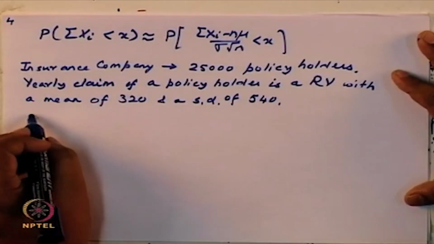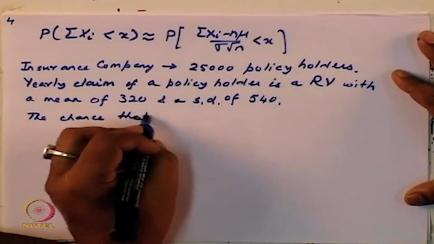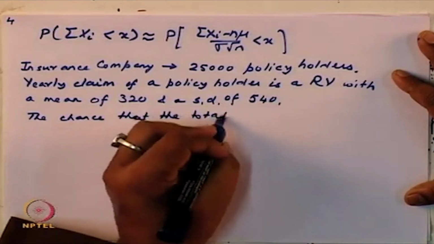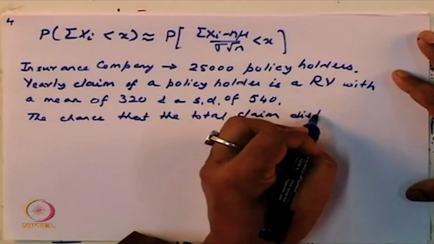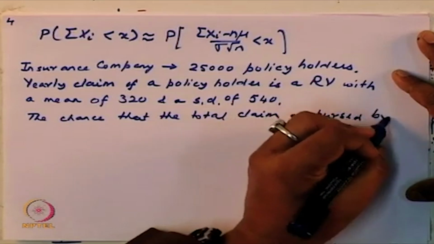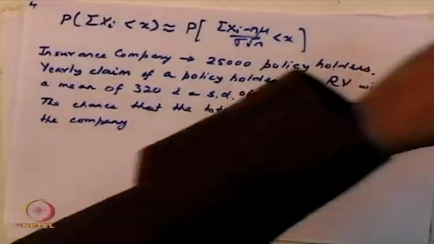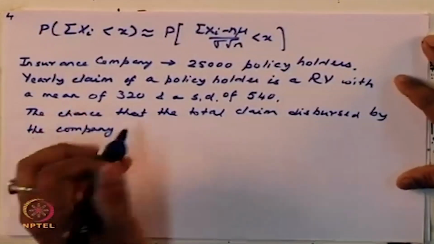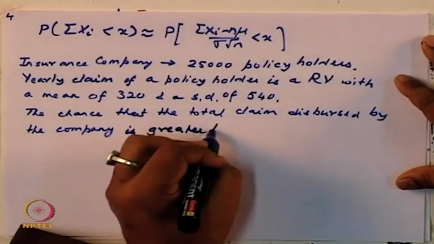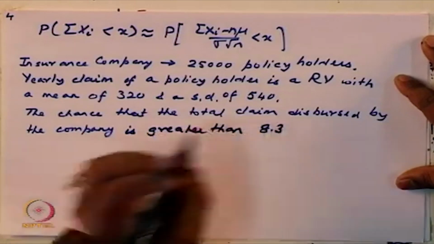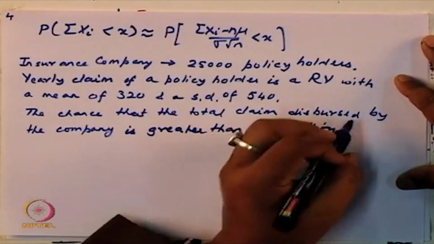So, we want to compute the chance that the total claim, okay, disbursed by the company is greater than 8.3 million dollars.